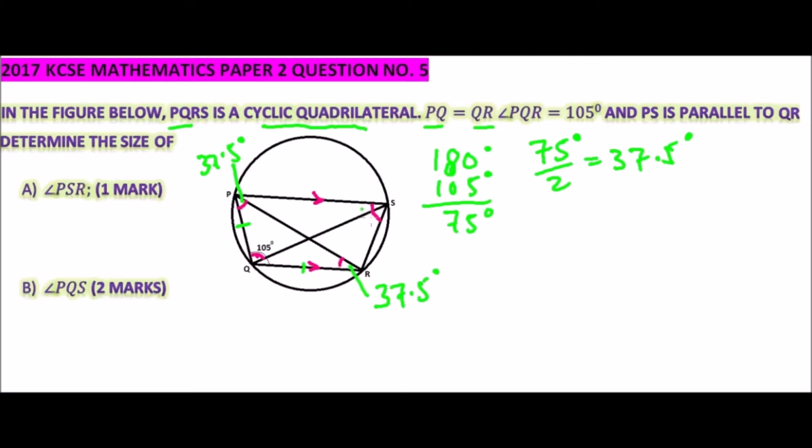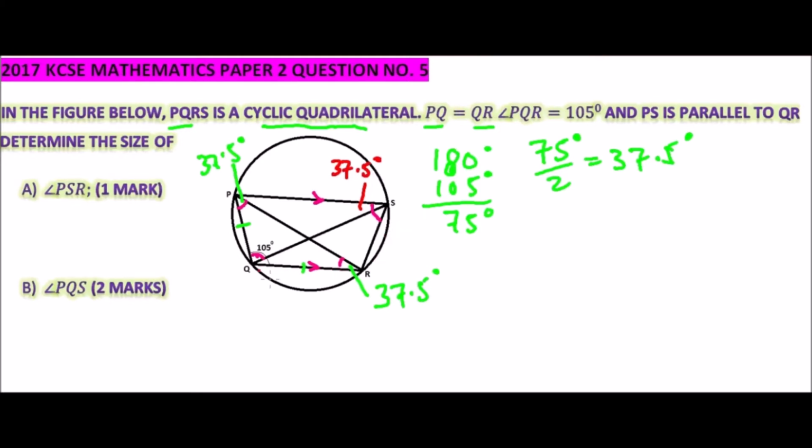This means that because we have found this angle subtended by PQ at R, it is the same as this one. So this angle is also 37.5 degrees because they are subtended by the same chord.